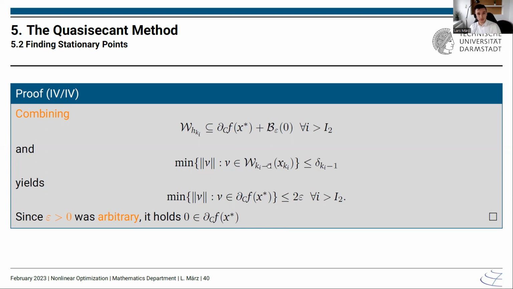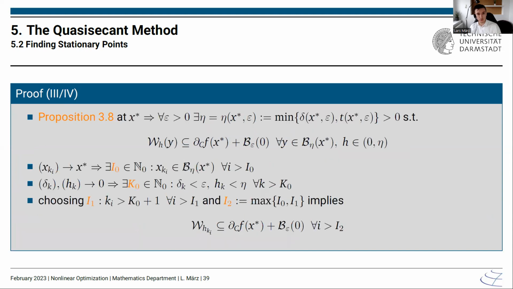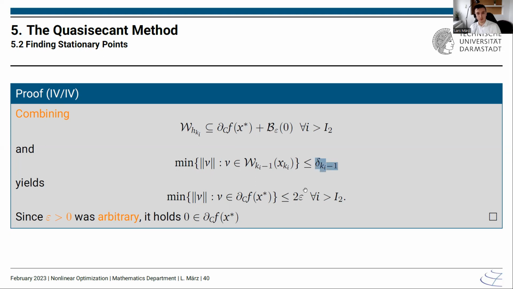Using that this set is a subset of this Clarke subdifferential up to some tolerance epsilon, and we have this inequality also for delta, which is smaller than epsilon, we have again a triangle argument, if you want, that the norm of the Clarke subdifferential at our subsequence limit point is bounded above by 2 epsilon.